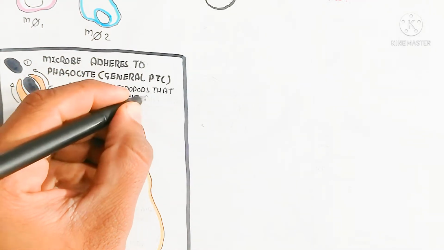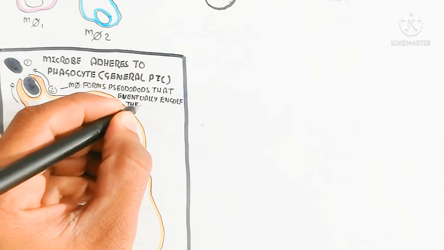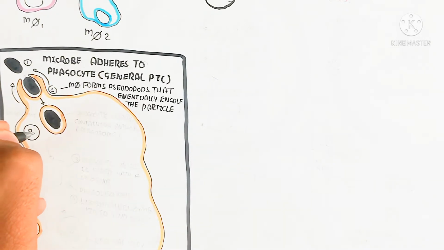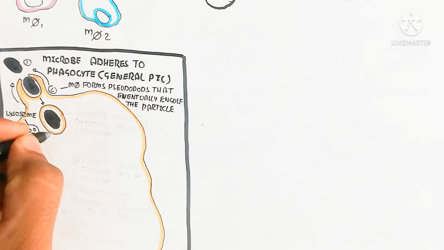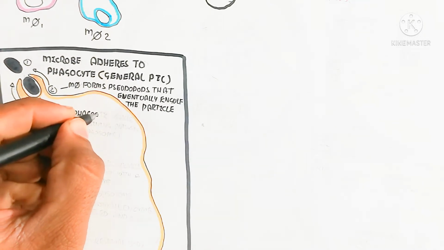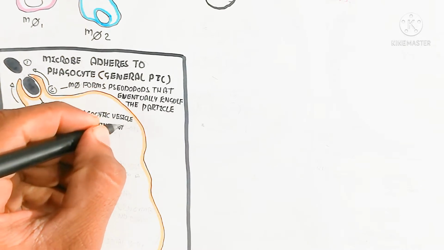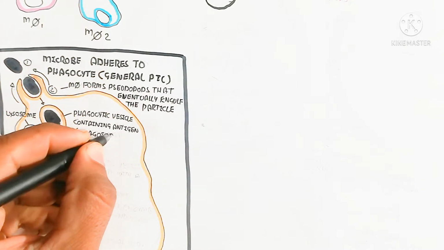So let's begin to understand how the microbe adheres to phagocytes in general. The macrophage forms pseudopods and eventually engulfs the particle. This engulfing is known as phagocytosis.